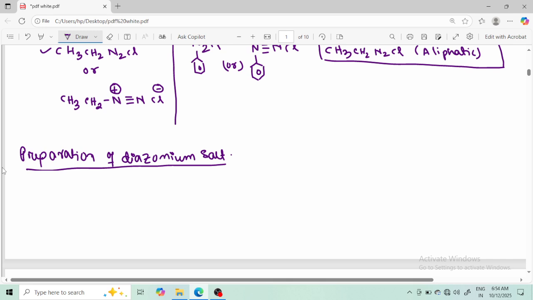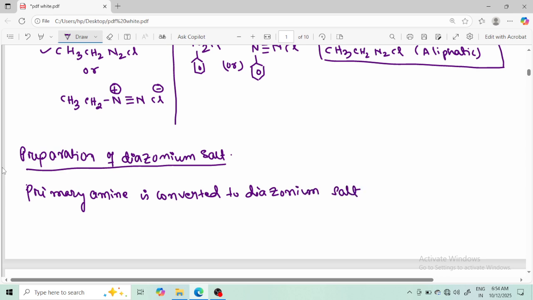Okay, now when primary amine is converted to diazonium salt, this process is called diazotization.